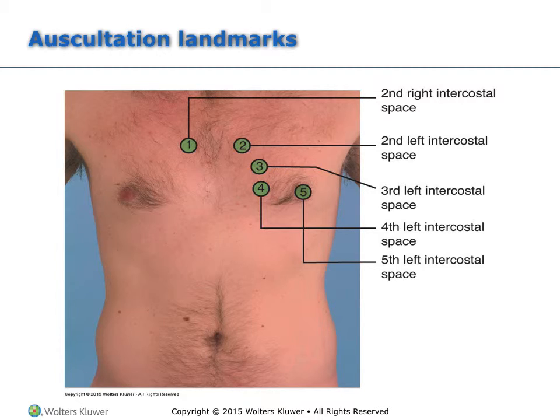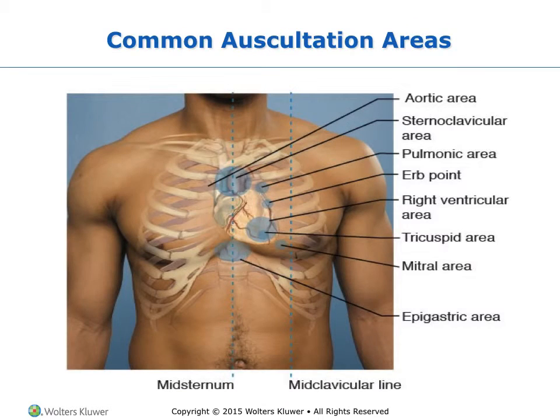Number 2 is where you can hear the pulmonic valve close. Number 3 is where you can hear the tricuspid valve close. Number 4 is Erb's point, where you can hear the valves equally. And number 5 is the point of maximum impulse.